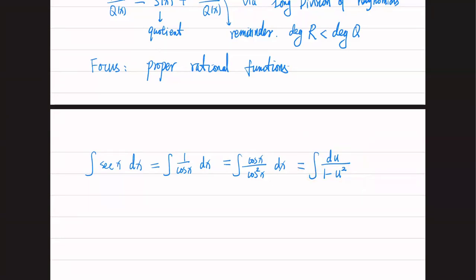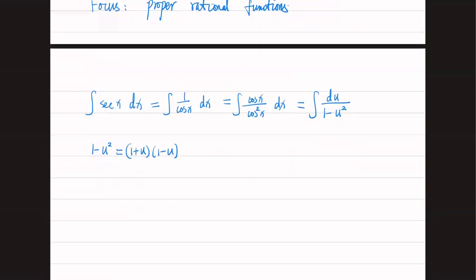Okay, to integrate this, let's look at the denominator. 1 minus u squared. So can I factor this denominator? Oh, nice. 1 plus u and 1 minus u.